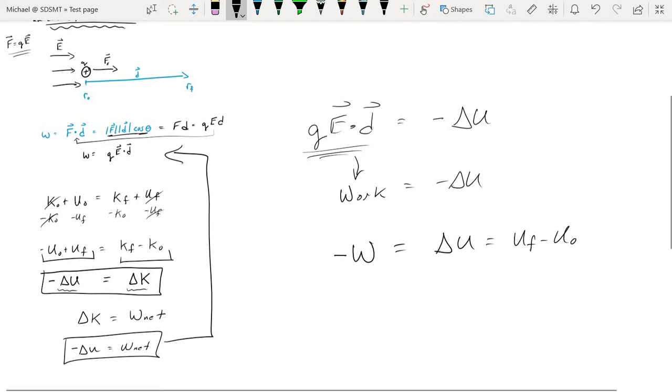So this is final minus initial. And what this minus sign on the work does is it implies that the system is doing the work. Okay, so the system is doing work. So not the particle.